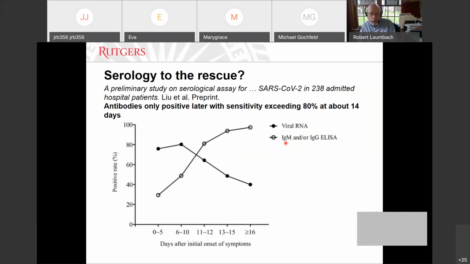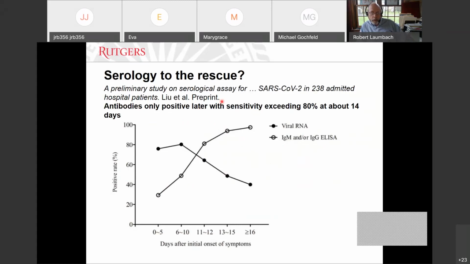qPCR does not look to be currently adequate for ruling out disease, and for ruling it in, the specificity is not clear either. But there has been hope that serology, measuring the response of the host, the antibody response, either IgM or IgG, might be a helpful specific response.